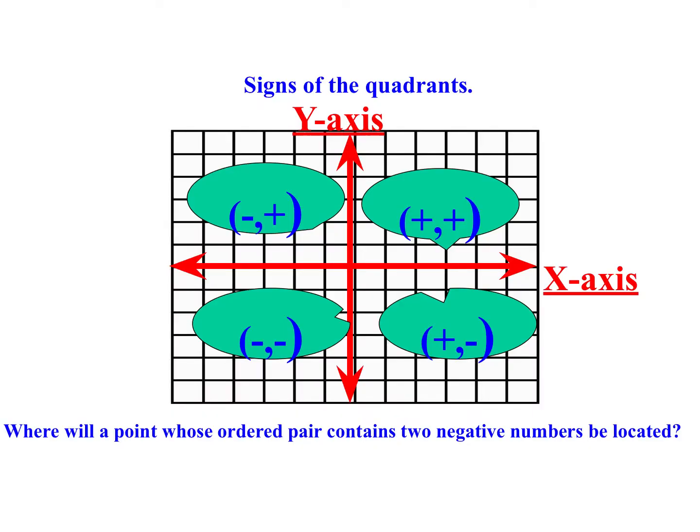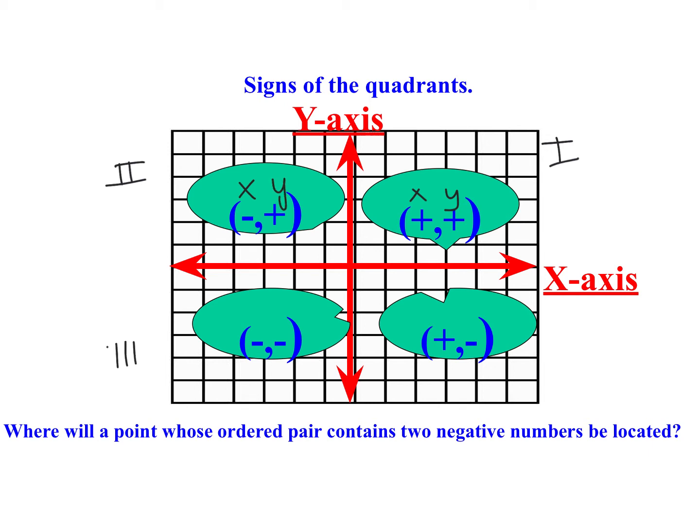This is important to know, the signs of each of the quadrants. If we are up here in quadrant 1, remember x, y, the x-coordinate will always be positive and the y-coordinate will always be positive. Going to quadrant 2, the x-coordinate will always be a negative number and the y-coordinate will always be positive.